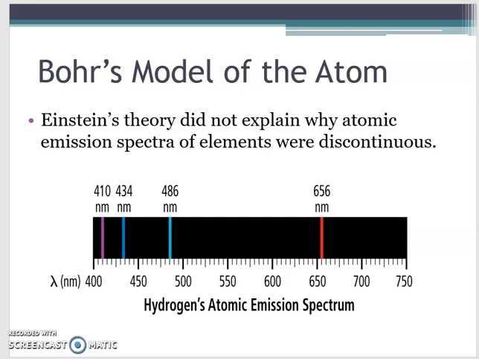So Einstein said the photoelectric effect happens if you shine a certain amount of energy from light onto a metal plate, then electrons will be emitted.